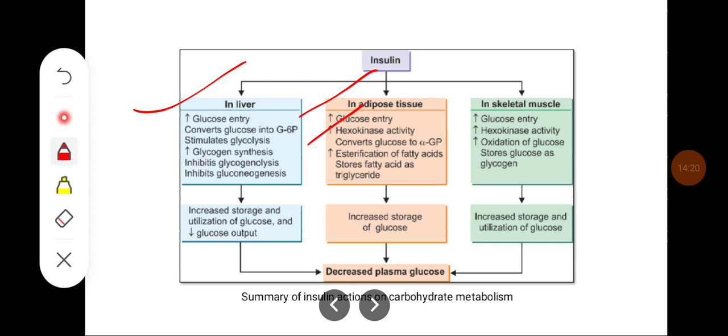It increases the esterification of the fatty acids and stores the fatty acids as triglyceride, and it increases the storage of glucose. In the skeletal muscle, it increases the glucose entry in the cell, increases the hexokinase activity, increases the oxidation of glucose, and stores it as glycogen. So that increases the storage and utilization of the glucose, and ultimately it will lead to decrease in the plasma glucose.